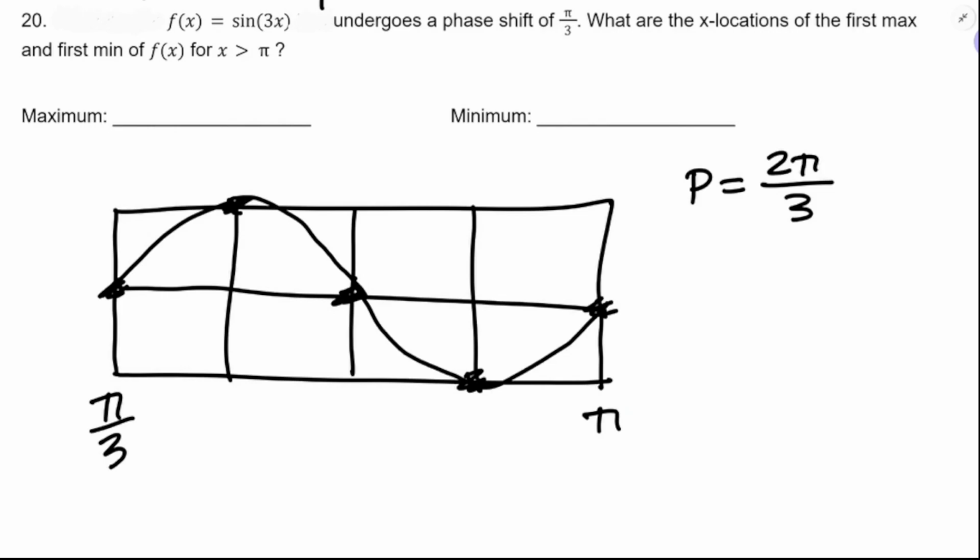You know what, I'm going to think about this all in terms of pi's over 12. So this is 4 pi over 12, and this is 12 pi over 12.